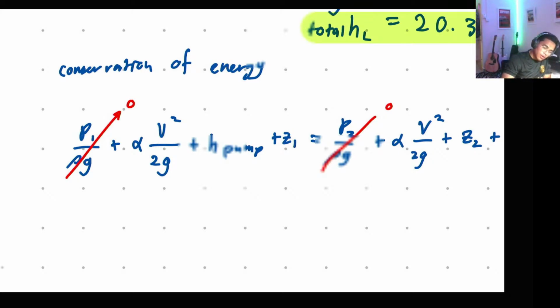So input is equals to 2.285 bahagi 0.82, 2.786.